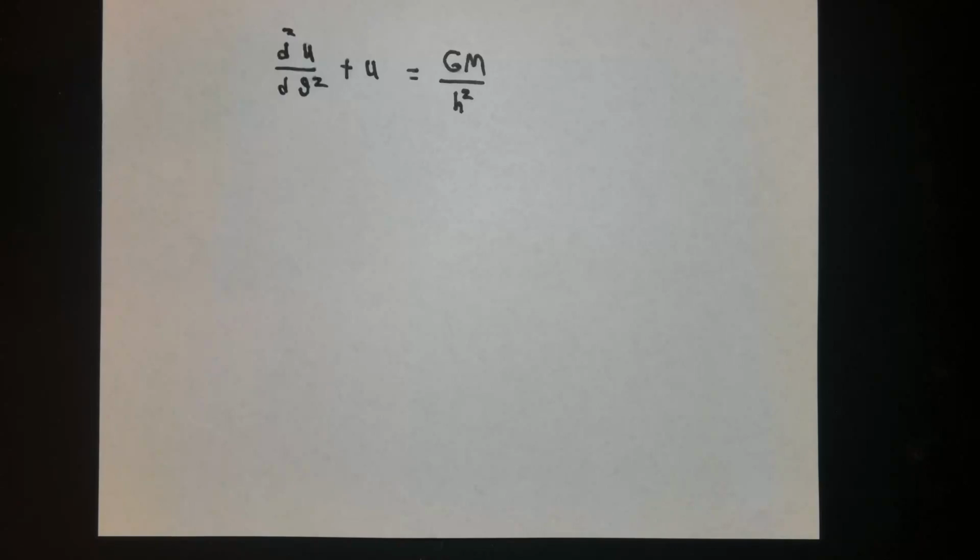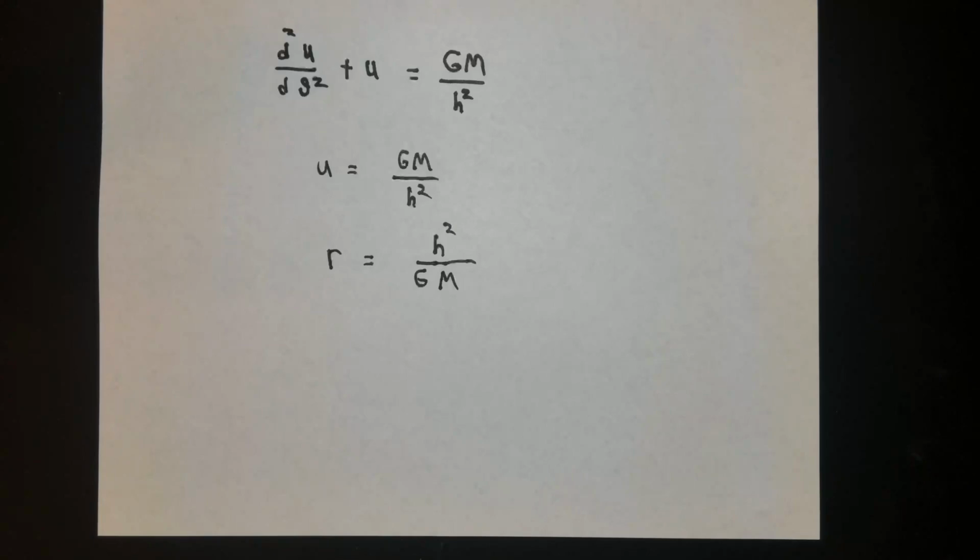That causes this equation to simplify considerably. u must be GM over h squared, so r will be h squared divided by G times M. For every value of the angular momentum per unit mass, there will be a circular orbit to correspond to it.